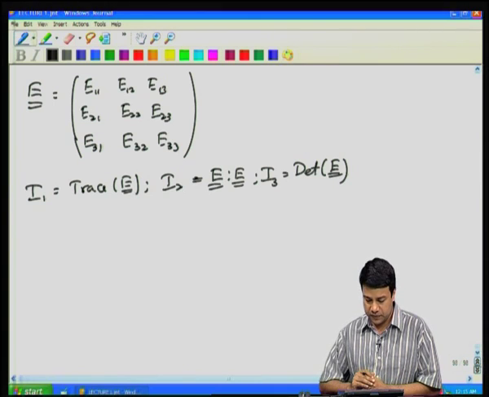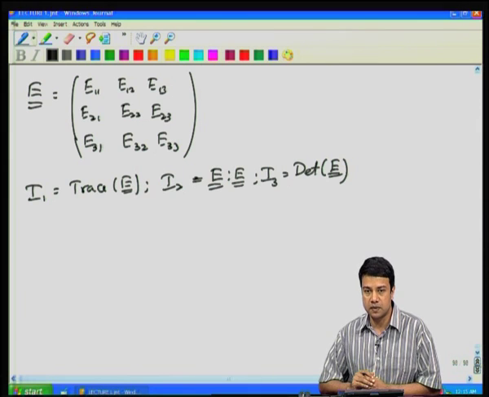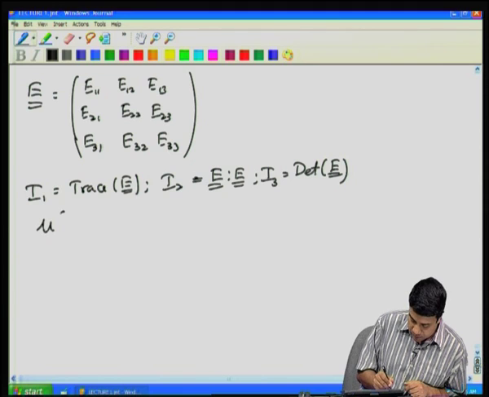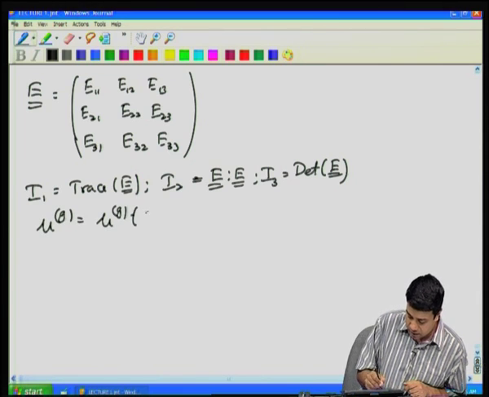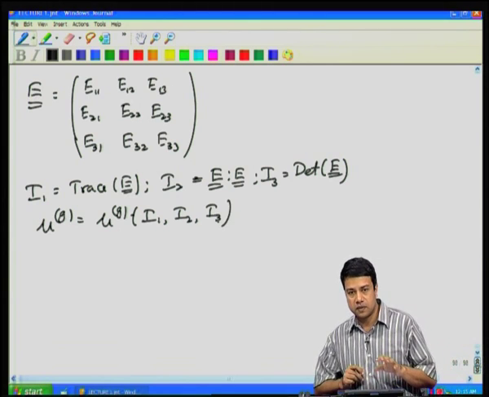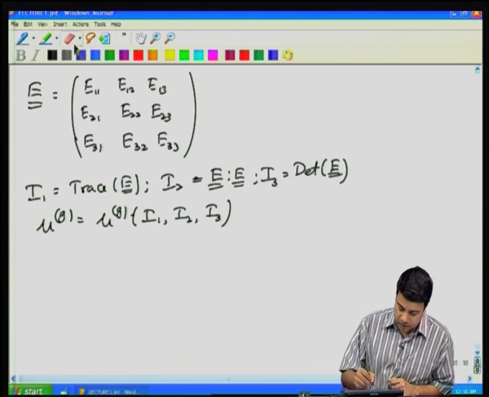Therefore, any viscosity that I write which is dependent upon these, this mu, has to be a function of only these 3. It has to be a function only of these 3 frame invariant quantities.